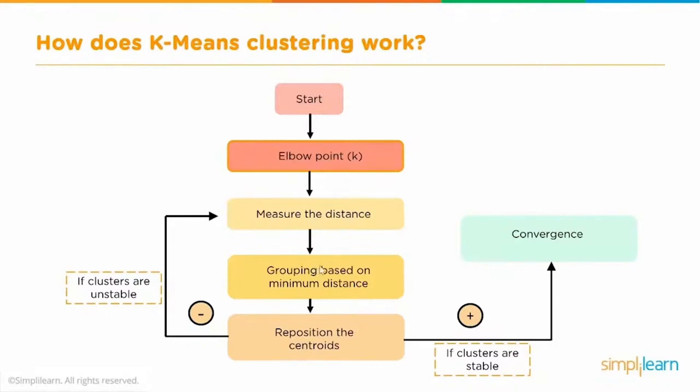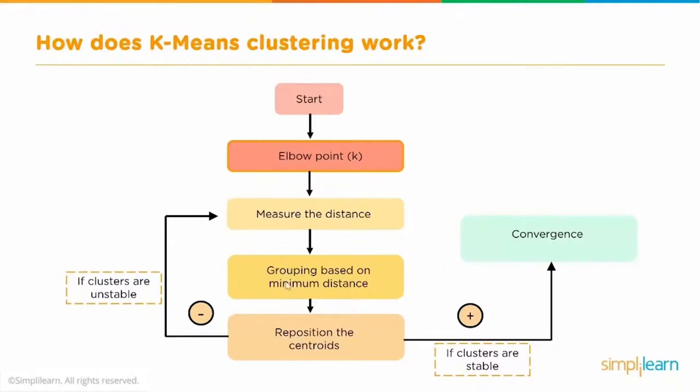However, these are not the final clusters. The next step is, for the clusters that have been formed, it calculates the mean position, thereby calculating the new centroid position. The position of the centroid moves compared to the randomly allocated one. So it's an iterative process. Once again, the distance of each point is measured from this new centroid point.